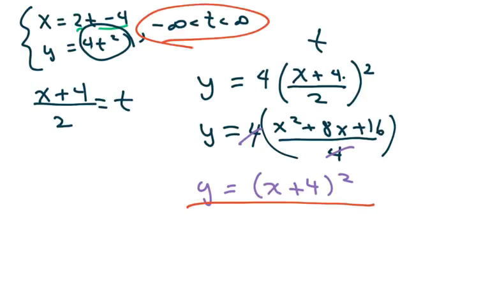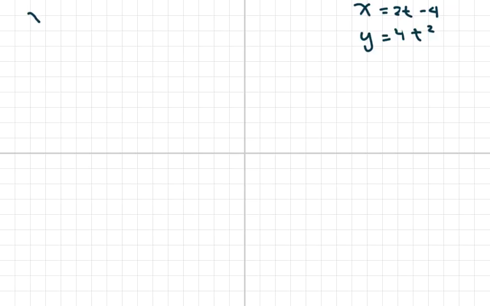All right. So basically, this is a parabola. We're doing all real numbers here. And so the vertex is (-4, 0). So I'm going to put that (-4, 0). There's your vertex. And you can plug in some more points here if you want.